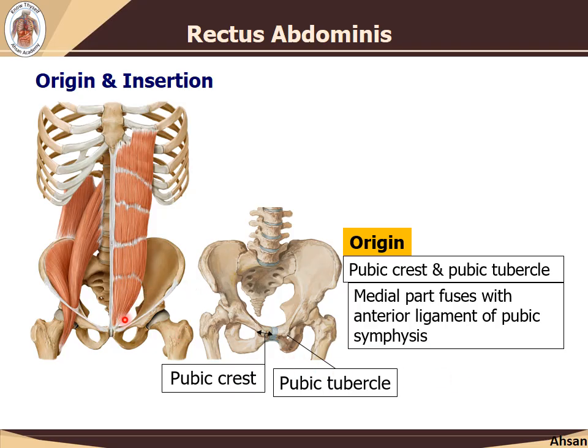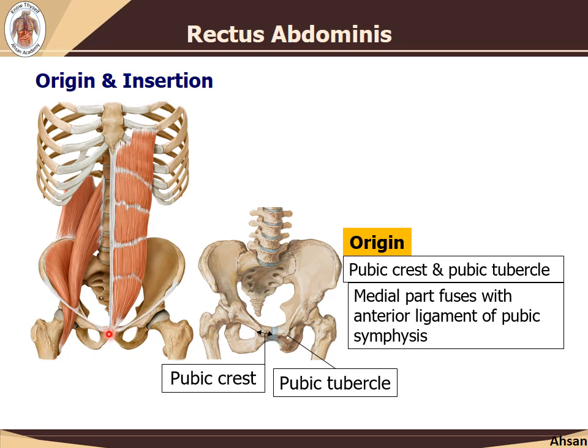Here the second part is a small portion from the medial side. It fuses with the rectus abdominis muscle of the other side, and finally becomes continuous with a very strong anterior ligament of the pubic symphysis.